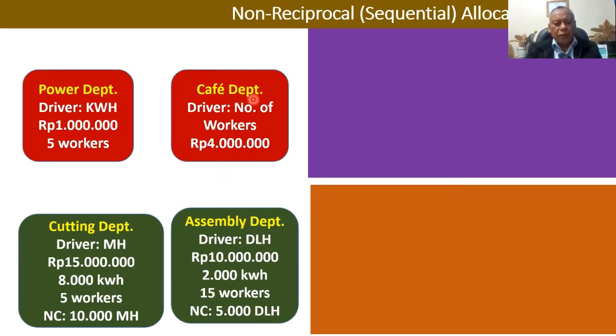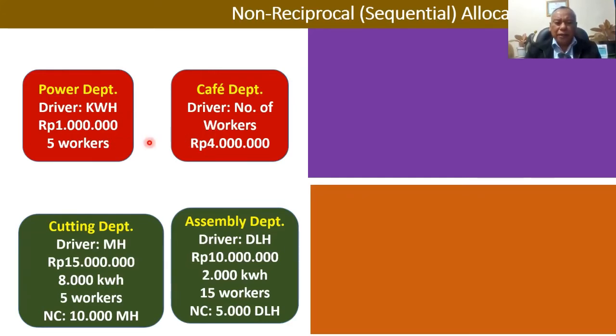But cafe is the same: cafe provides services not only to the producing departments, cutting and assembly, but also to the power department. Actually, for this case the non-reciprocal method is not appropriate, because the service departments provide service for each other. But this is only for example.